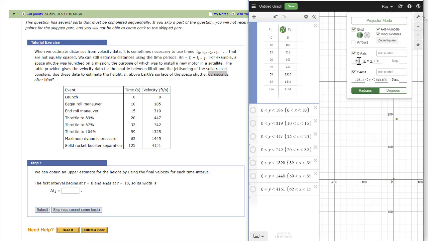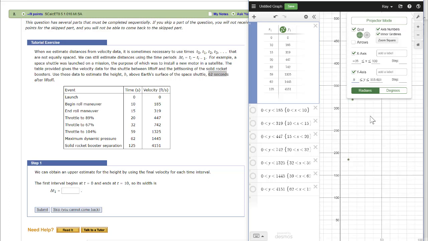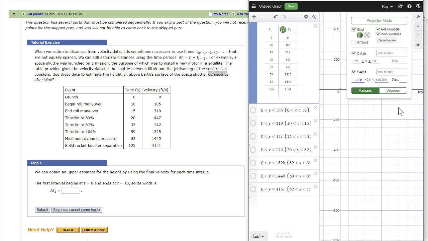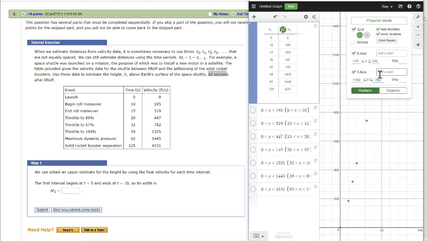And then for our y-axis, we don't have anything below this, so maybe we'll go negative 100 just in case, and then as far as 1500 so that we can see a lot of these.